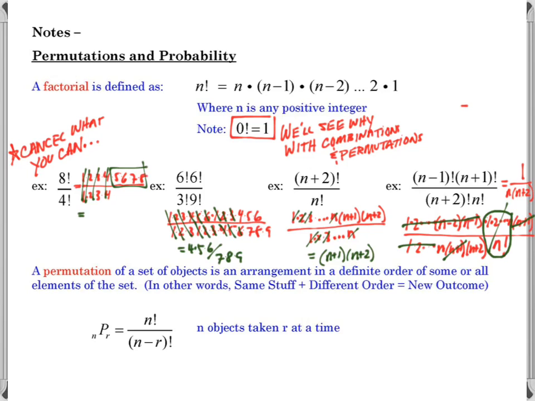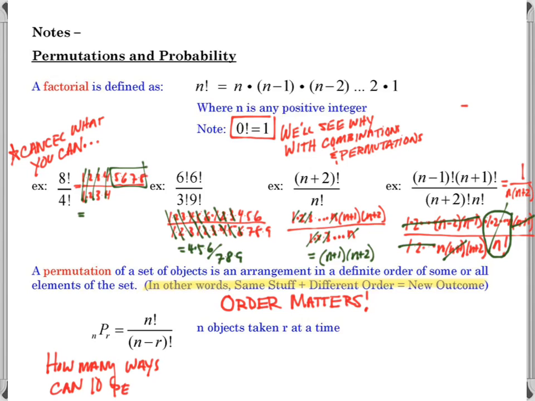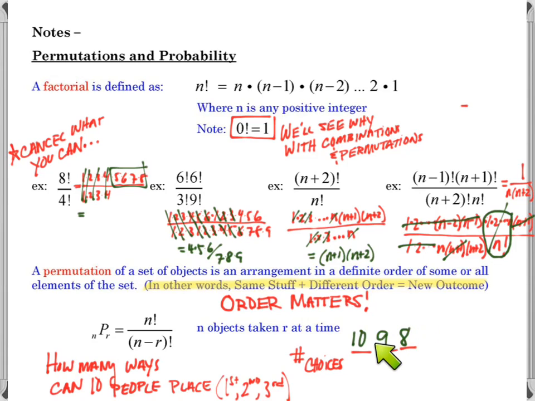The way this works is we have n things, and we choose r of them. So those are our starting points. How many ways can 10 people be placed first, second, and third? I have 10 people. My number of choices are 10 times 9 times 8. I select the first person, then the second, then the third. I can't have the first person be the second place winner as well.